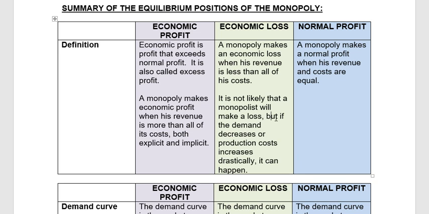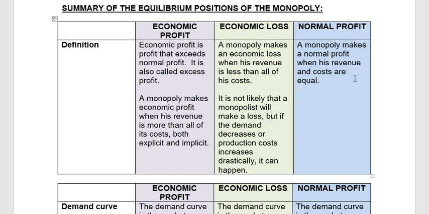If his demand decreases for some reason, people are just not buying his product, then his revenue will start decreasing. And if at the same time his costs are increasing, it can happen that the monopoly will make an economic loss. It shouldn't in theory, but it can happen. Eskom is proof that monopolies can actually make losses.